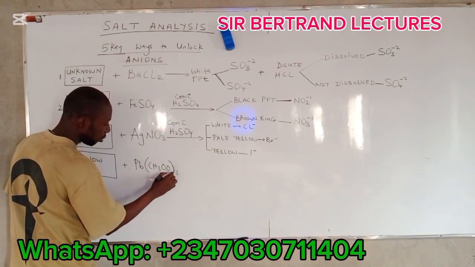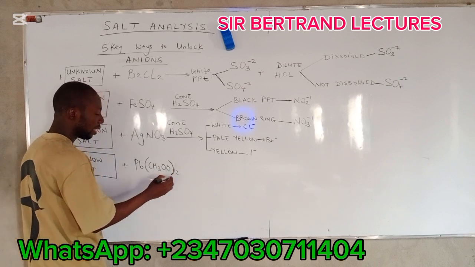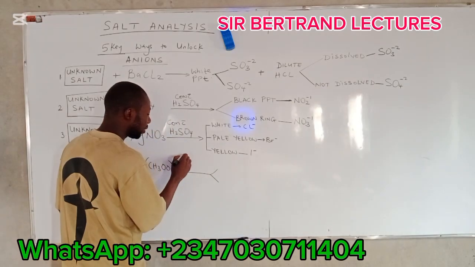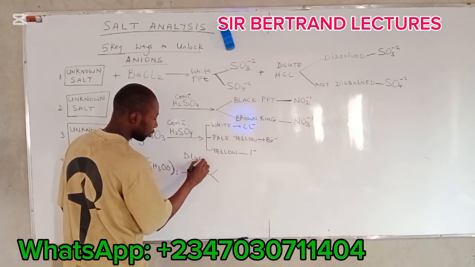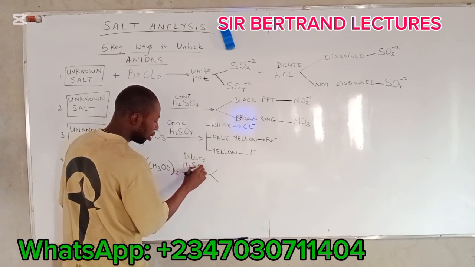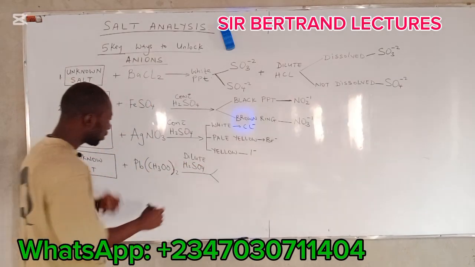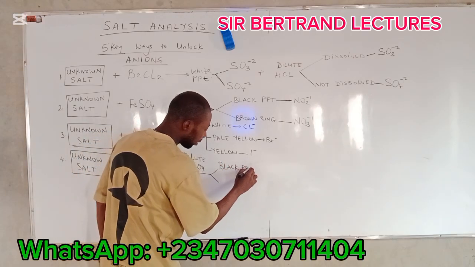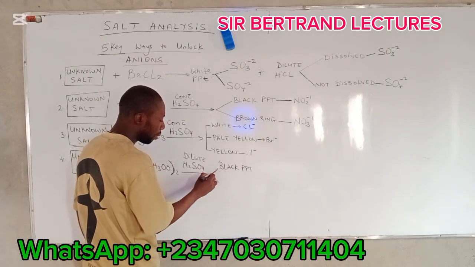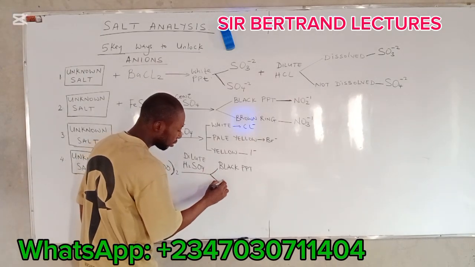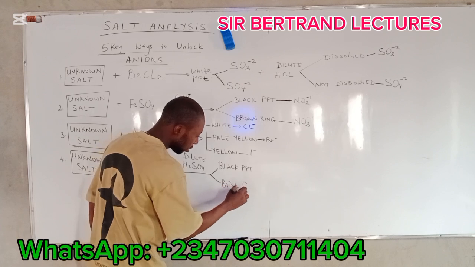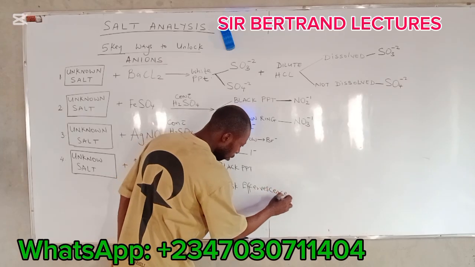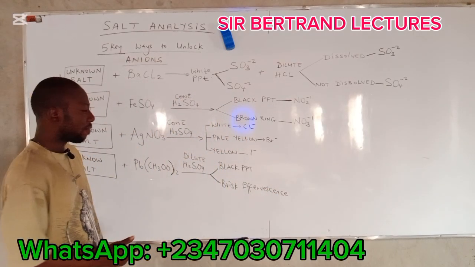We add lead acetate paper in the presence of dilute H2SO4. Then it either gives black precipitate or it gives brisk effervescence.